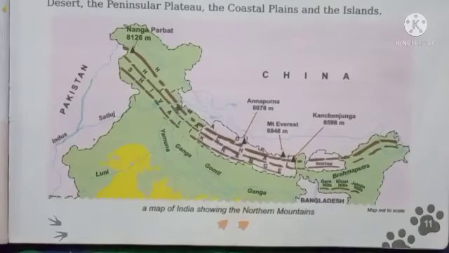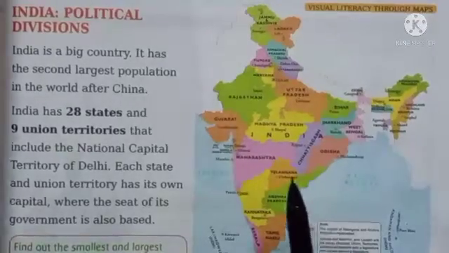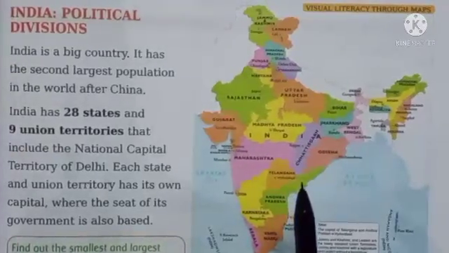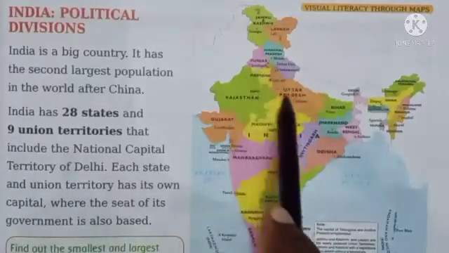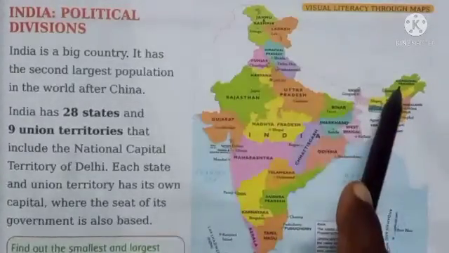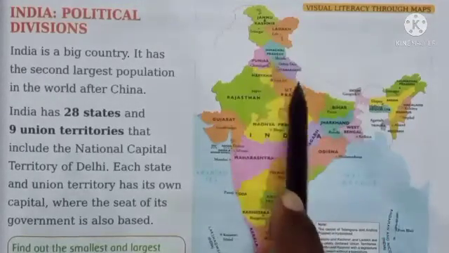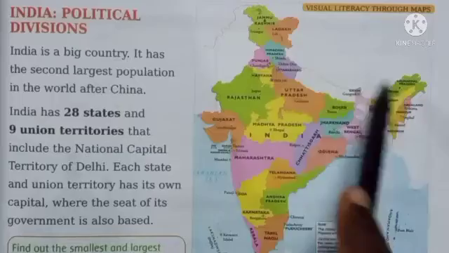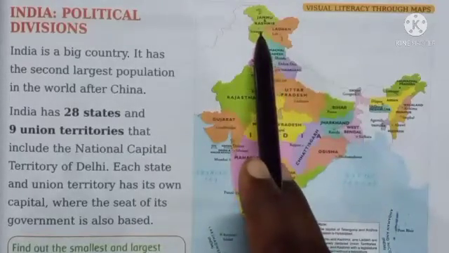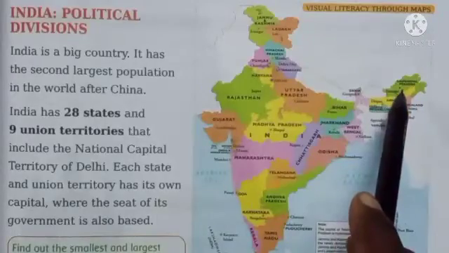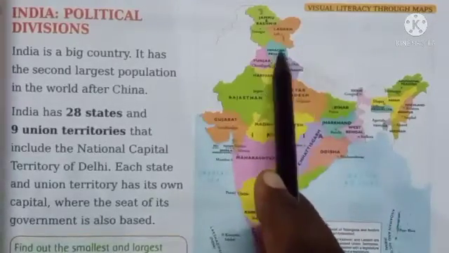Let's see one example. Let's take page number 81 and see the states here. From Jammu Kashmir to Arunachal Pradesh, the Himalayas are stretching. So what are the states lying there?